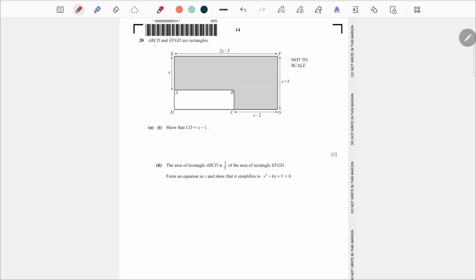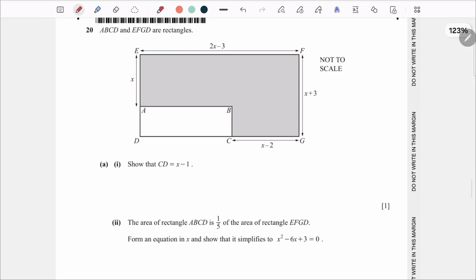Question number 20. ABCD and EFGD are rectangles. In part A, show that CD is equal to x minus 1. So when we're looking at the diagram, EF is equal to GD, which is equal to 2x minus 3, and CG is equal to x minus 2. So CD will be equal to GD minus CG.